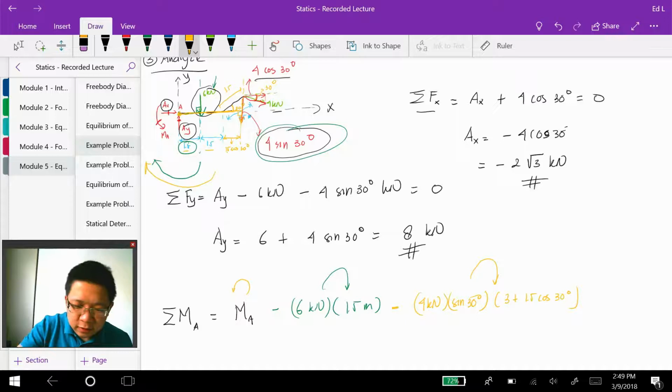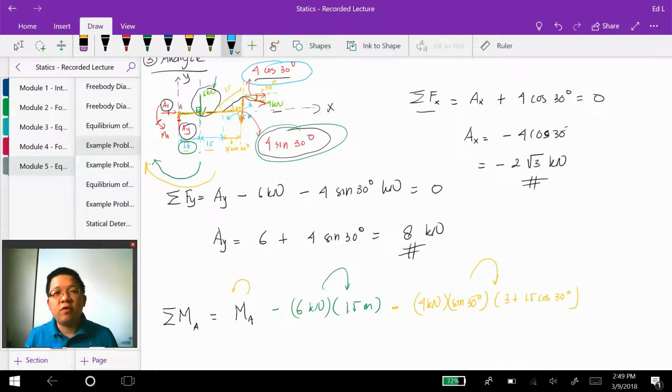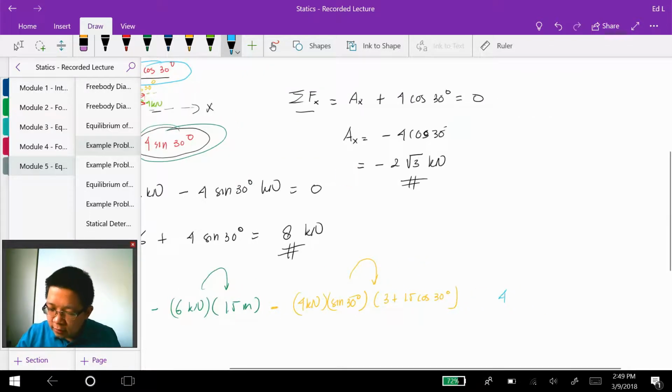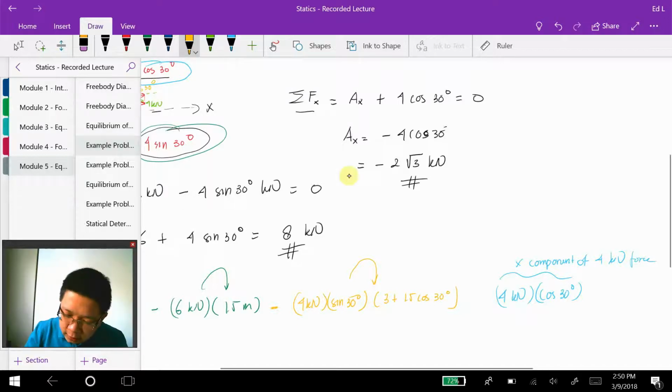So the last force in here is the x component of the 4 kilonewton force. We write it down here: 4 kilonewton cosine 30 degree. This is the x component of the 4 kilonewton force, and to give a note, the other one is the y component.